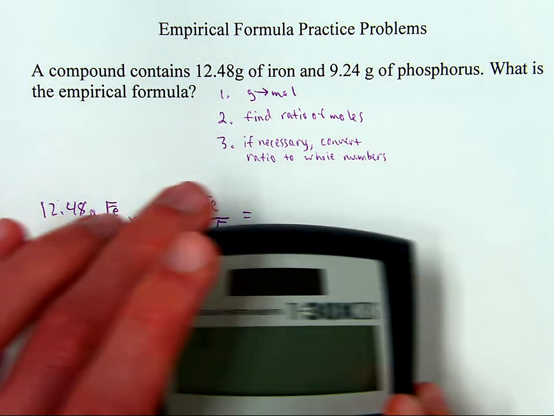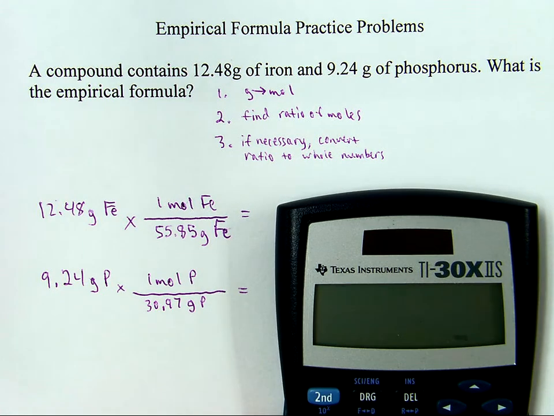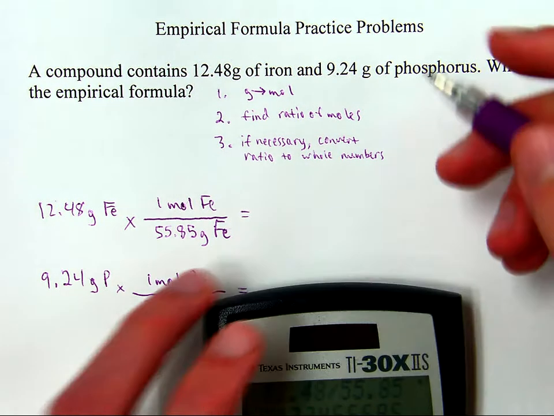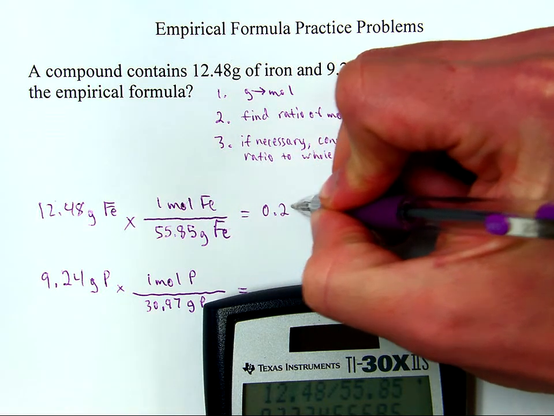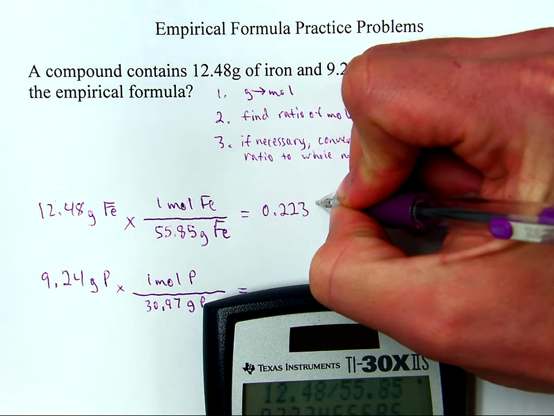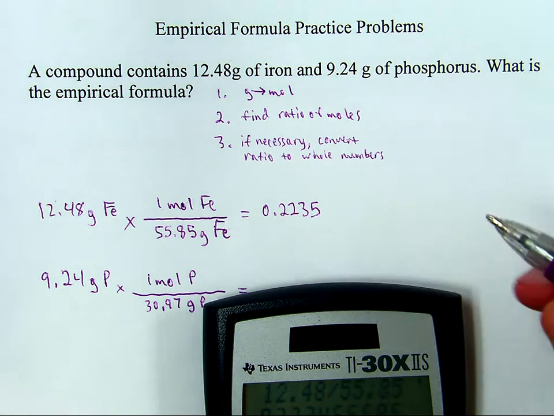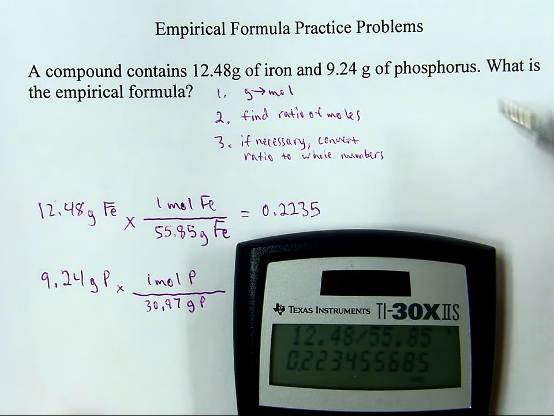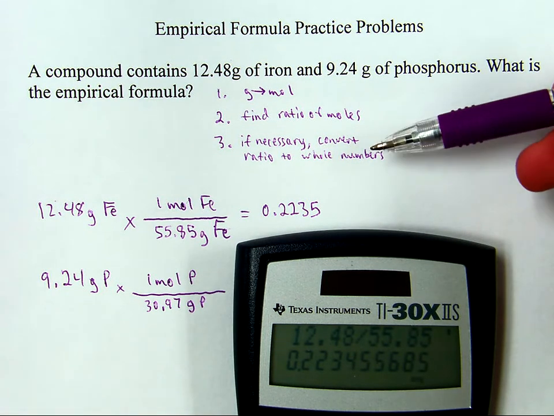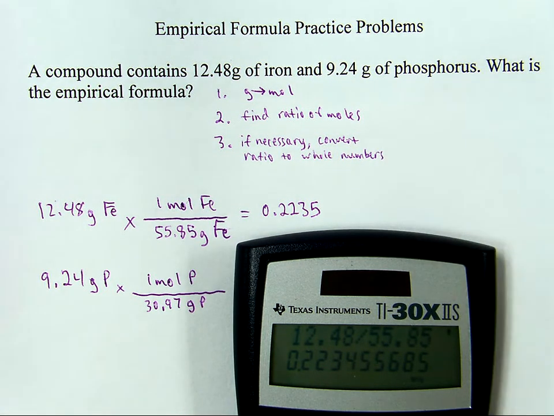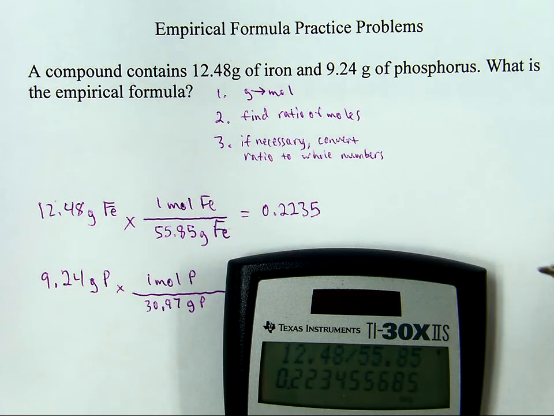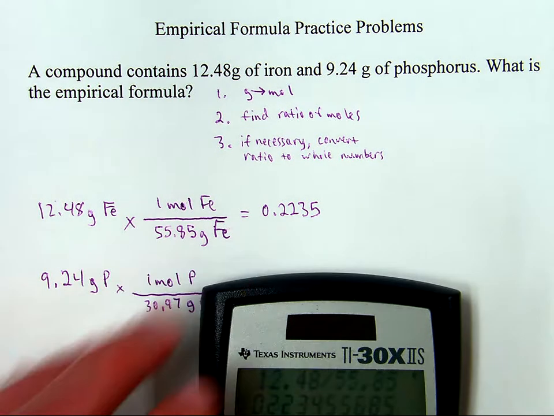Okay, so that would be the setup necessary to find the number of moles of each. So here we go. 12.48 divided by 55.85. That's the number of moles of iron: 0.22385. Significant figures aren't particularly important with these sorts of questions because you're getting a whole number ratio at the end. So it's just going to be a chemical formula. So I just choose a convenient number of digits, typically about 4 or so.